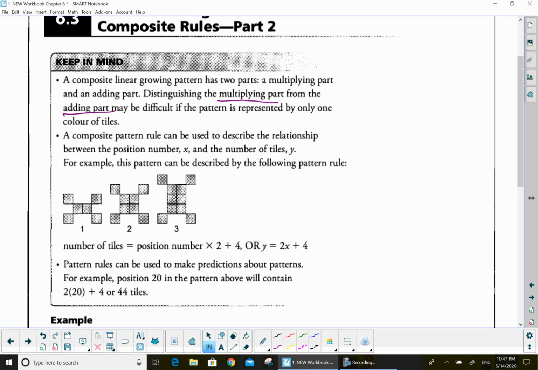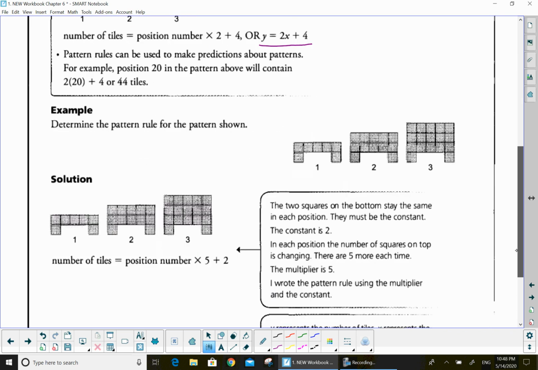We can still see which tiles are going to stay the same, the constant, and which ones are changing, but I'm going to show you a few ways that work all the time, no matter what kind of blocks or situation you have. Ultimately, we are creating pattern rules, which is something like this, and we're going to use that to make some predictions.